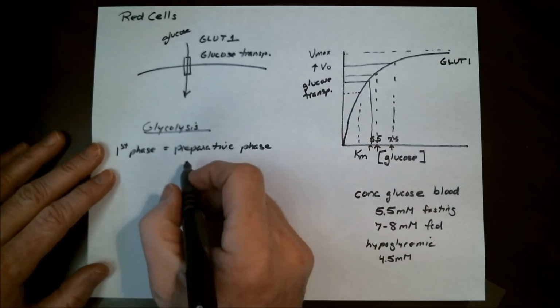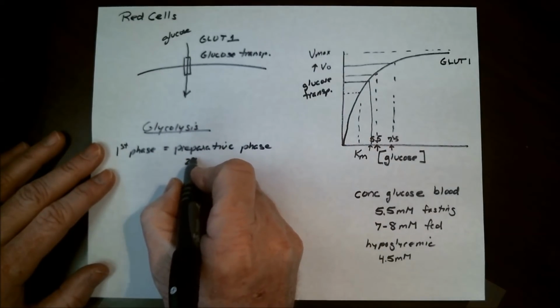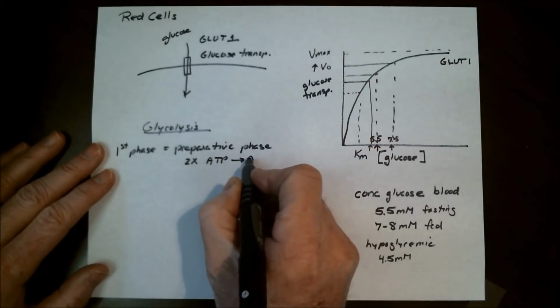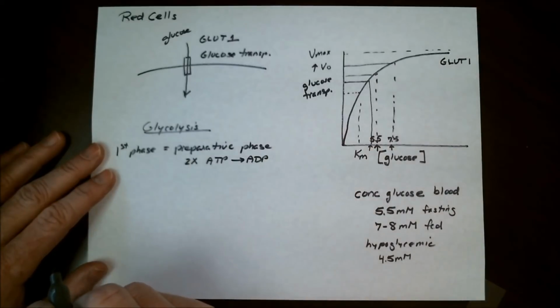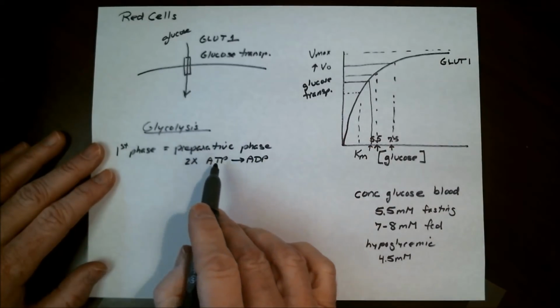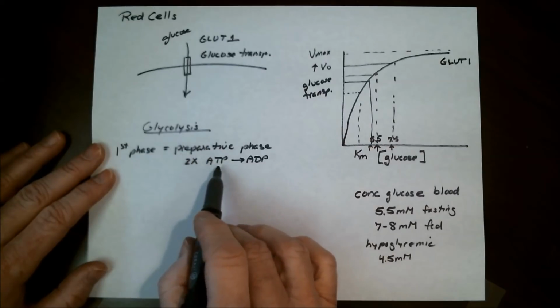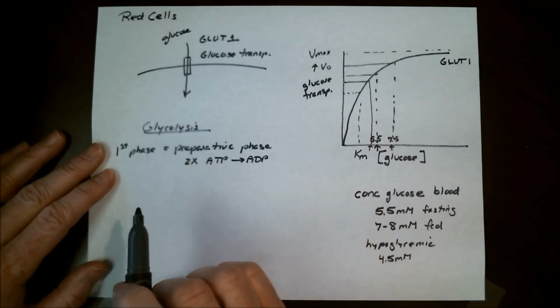And the preparative phase is going to require the utilization of ATP. Now this sounds a little counterintuitive because glycolysis is supposed to generate ATP, but in the first phase of glycolysis we are preparing the glucose molecule by using 2 ATP.